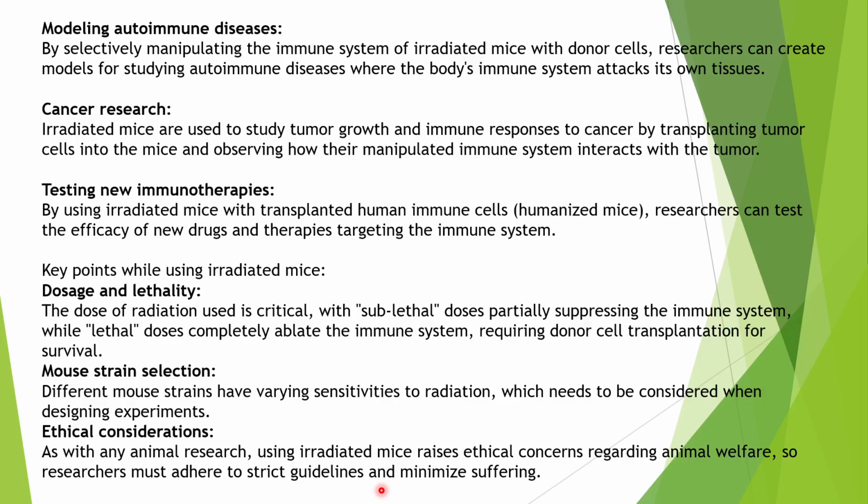Then cancer research. Irradiated mice are used to study tumor growth and immune responses to cancer by transplanting tumor cells into mice and observing how their manipulated immune system interacts with the tumor. So many of the treatment strategies today, other than chemo and radiotherapy for your cancer and your tumors, involve enhancing your own immune system.